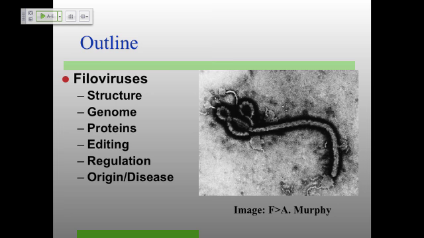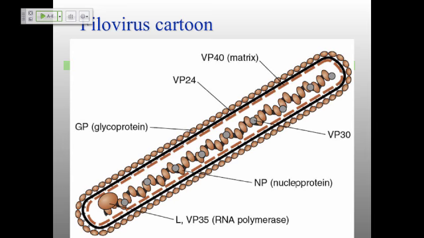So the structure basically looks a lot like a big rhabdovirus. But again, the take-home message here is that we've got an enveloped, single-stranded, negative genome. In the envelope, glycoproteins sticking out the outside. What do they do? Interact with receptors and then cause entry.